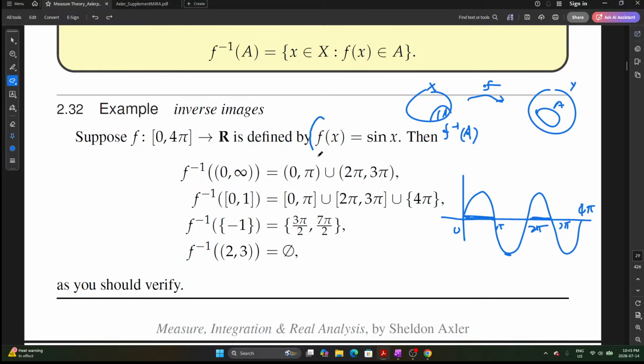This is because f of x is a continuous function. Continuous functions have this property: the preimages of open sets remain open and the preimages of closed sets remain closed. In fact, that's the definition of continuity in topological spaces. If the preimage of an open set is open for all open sets, then f is continuous. So that's why we wish to pay attention to this result here.